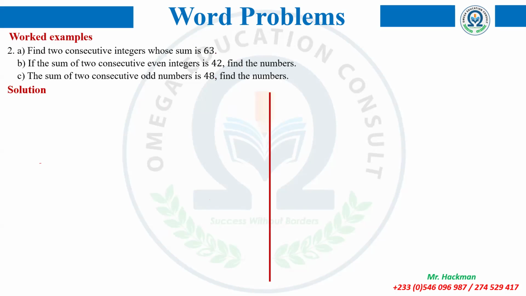Let's look at how best to carry out our presentation. So I am going to write, solution, question number 2A. In this case, I will let x be equal to my first integer. Do you agree? Because I'm dealing with integers. Is that clear?